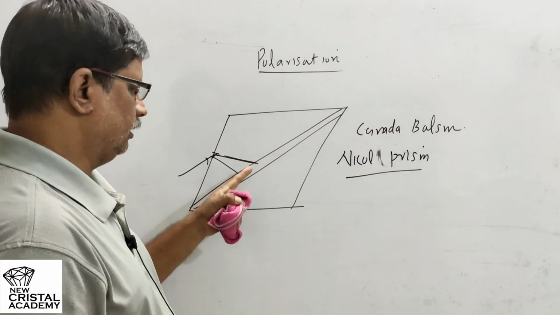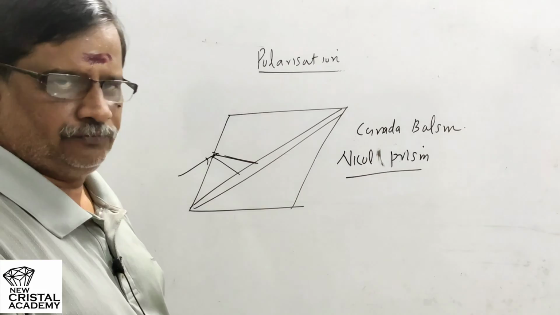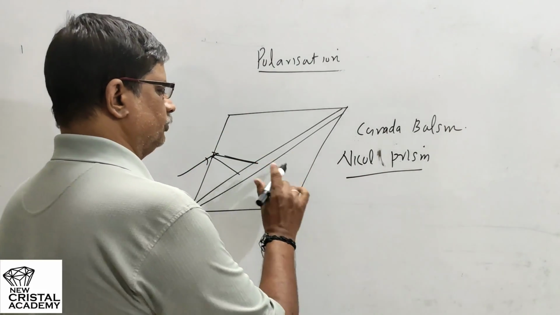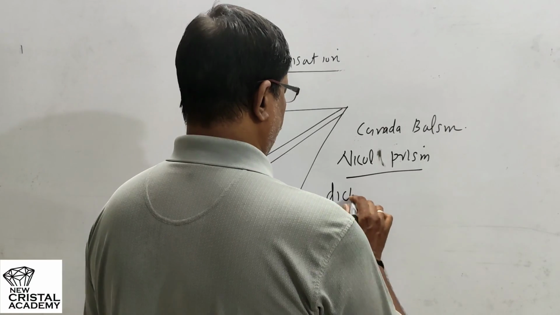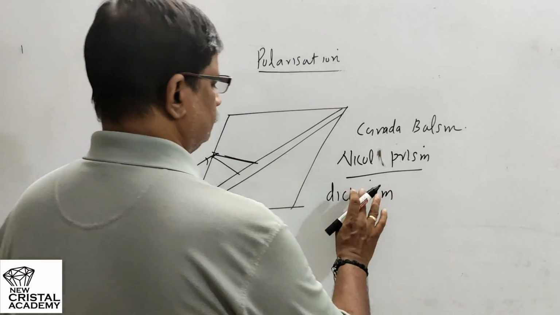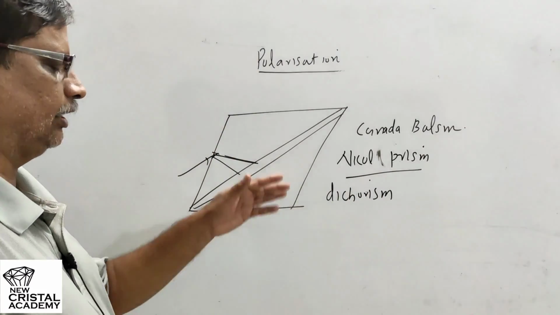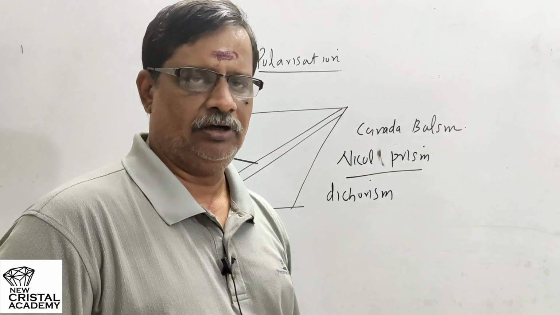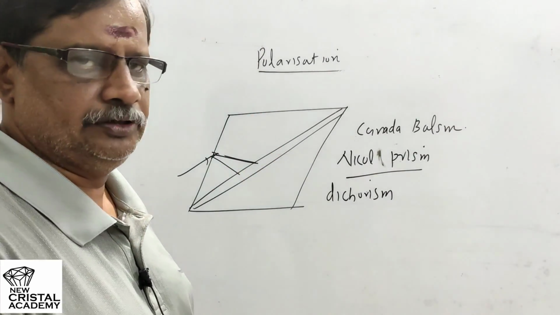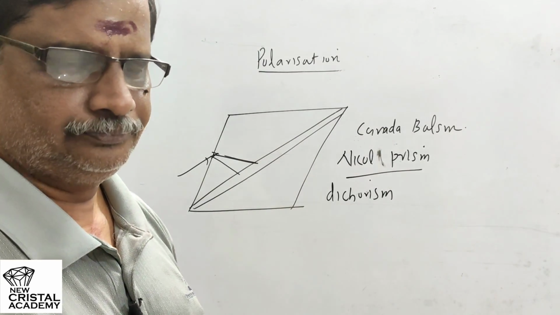The Canada balsam layer removes one of the rays from the incident rays, and that selective absorption phenomenon is called dichroism. So dichroism is basically selective absorption. Clear? So this nickel prism is used for producing plane polarized light.